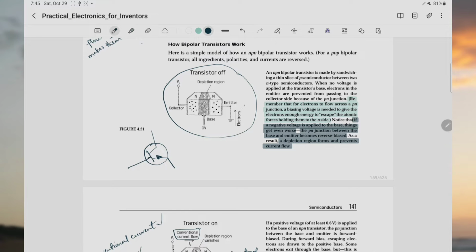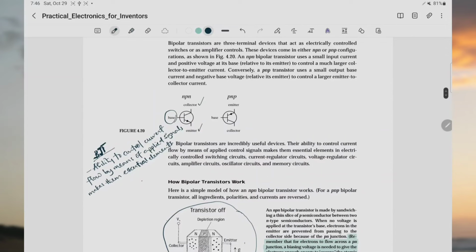The direction in which the arrow is pointing is for the N, so you can easily know that this is N, then the inside is P, then N. As you can see here, the arrow is pointing out, so it's N, P, N. Our base is a P, the collector is N, and the emitter is N. Here the arrow is pointing inside, so the inside is going to be N, then the rest are going to be P. So it's a PNP. That's how this comes, and that's how this comes.